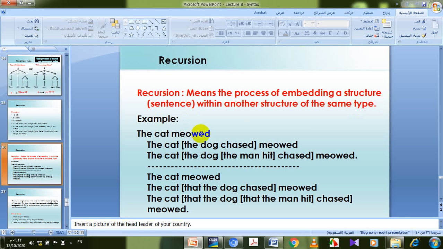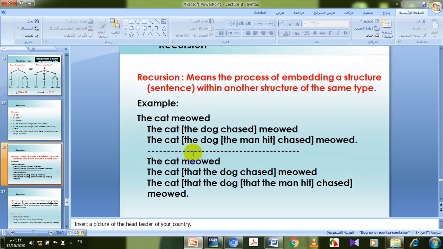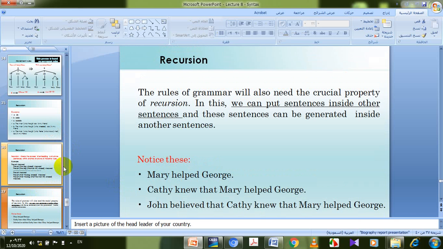Example: the cat meowed. The cat that the dog chased me out. The cat that the dog that the man hit chased me out. So all these are cases or examples of recursion.